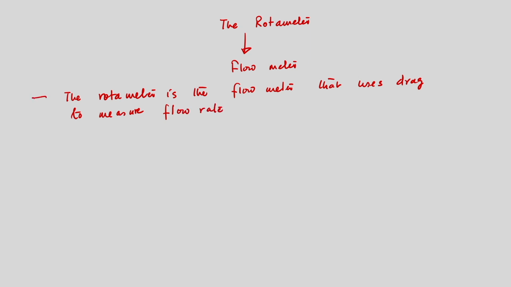In the last lecture we have seen that by placing an object in the flow field, we can disturb the flow field and that results in a drop in pressure. Now, this meter works on the principle that it uses drag to measure flow rate.